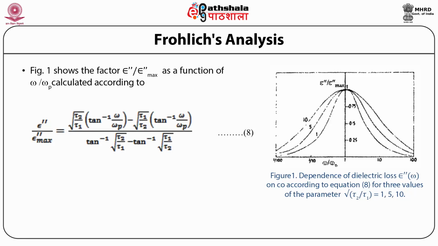Figure 1 shows the dependence of dielectric loss epsilon double prime on omega according to equation 8 for three values of the parameter root of tau 2 divided by tau 1 equal to 1, 5, 10.